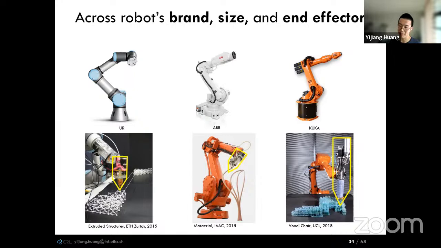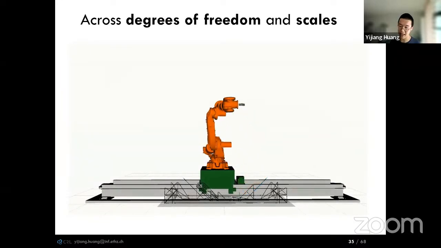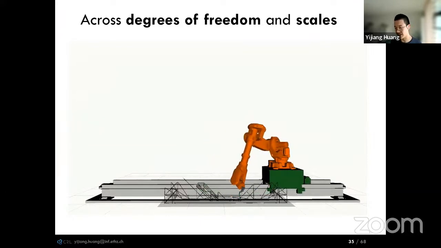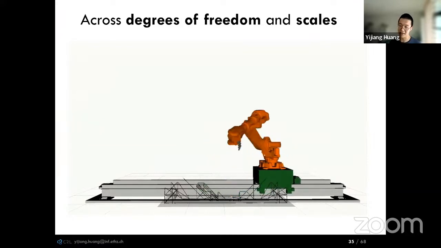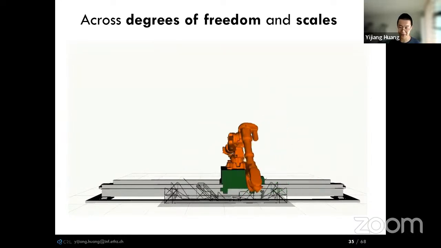It doesn't matter what robot brand it is, how many joints they have, or what customized manufacturer you're using. The planning algorithm is generic and allows plug and play for robot models. Here's one example of using our approach on an ABB robot on a large linear track, a simulated example to extrude a large-scale topology optimized beam that spans across 3 meters.